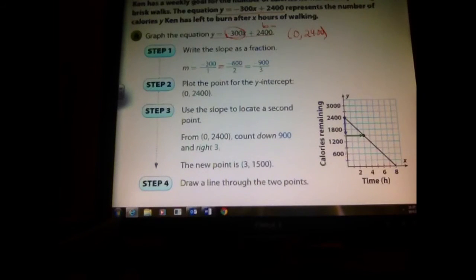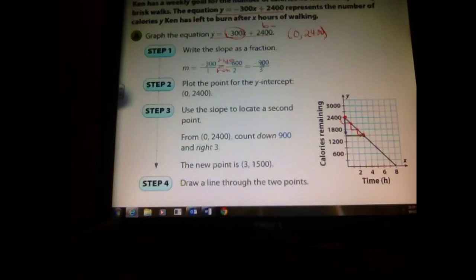I'm going to go to (0, 2400) and put a big red dot. My slope is negative 300, so my rise is negative 300, which means down. These were going by 300, so down 3, and it ran 1. Down 300 over 1.